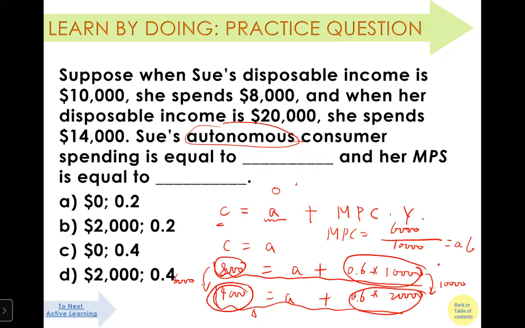Again, you get 2,000, right? That's how we get 2,000. And remember, what we computed is MPC, so MPS equals 1 minus MPC. That gives you 0.4, right? Let me know, please, if you still get confused by these questions, okay?